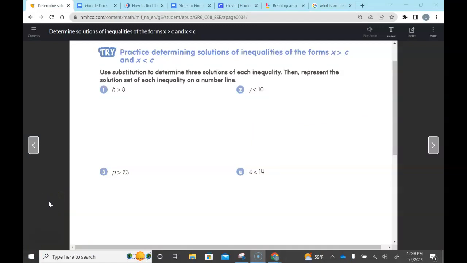So let's turn over to page 86. We're going to do a couple of these together. For number 1, it says h is greater than 8. So what that means is we need to represent this on a number line showing that whatever h is, we don't know, it has to be greater than 8. So what we want to do first of all is draw a number line right in our book.